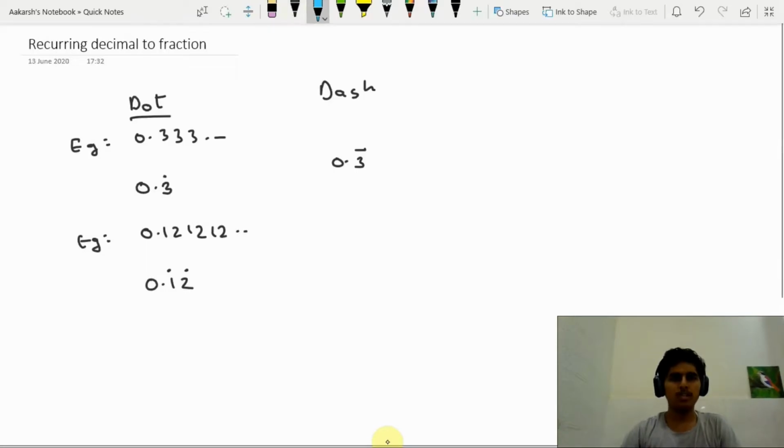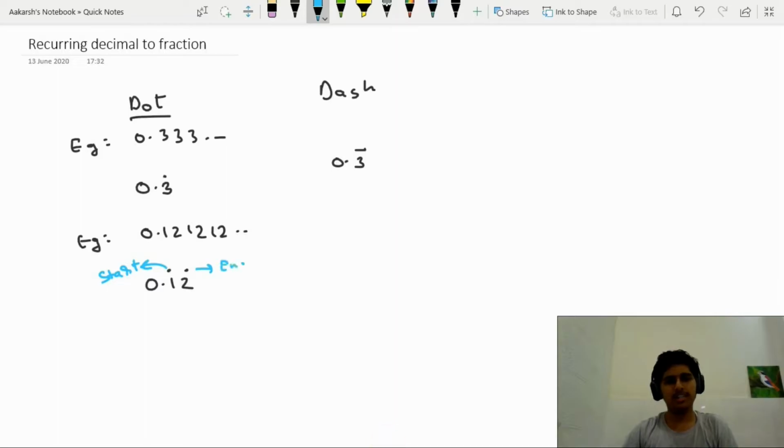Now what do these two dots mean? The first one means that the recurring portion starts from the first dot, and on the second dot, it ends. So the dots tell us that there are two digits in this recurring portion.